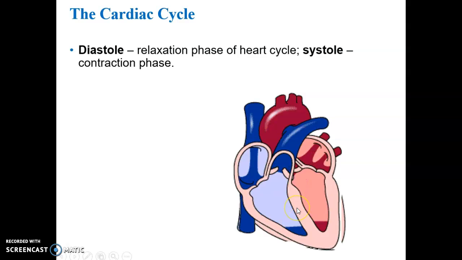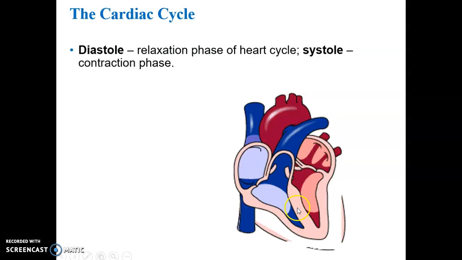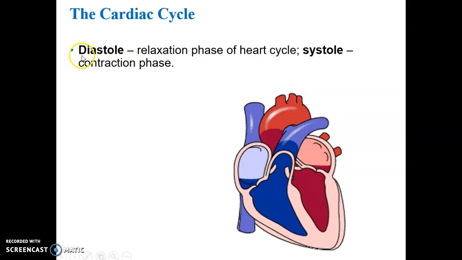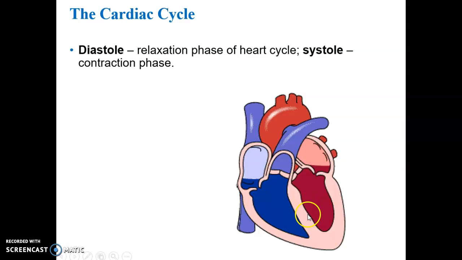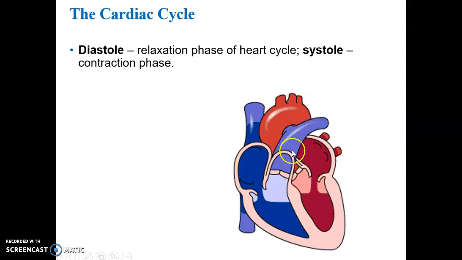So after ventricular systole occurs, they go into relaxation, which means ventricular diastole. Okay? So each heartbeat is a coordinated sequence of the atria being in diastole, meaning relaxation, and then the atria contract.